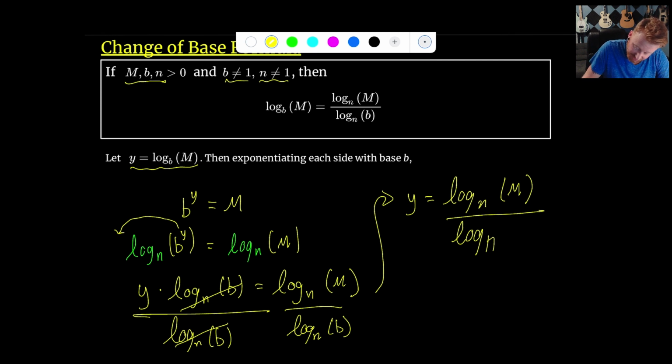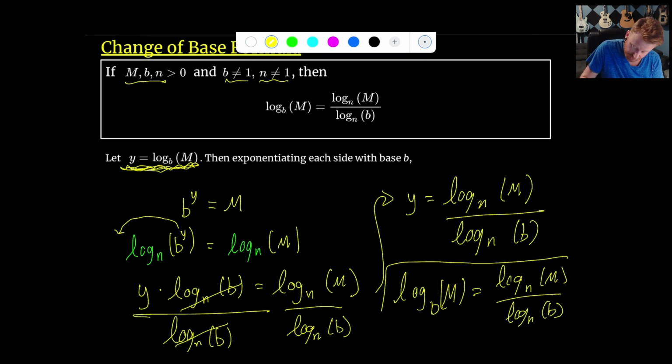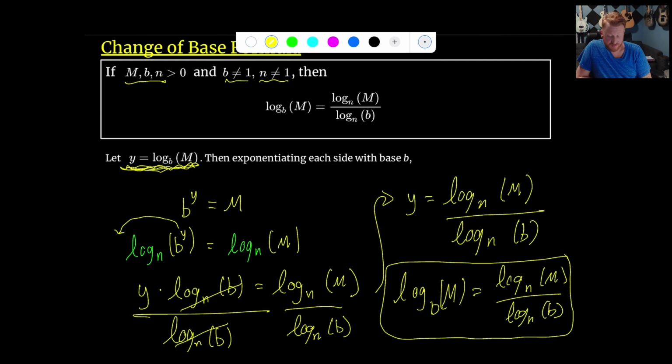I'll get it right here eventually. And remember that what we started off with was y equals log base b of m. So if we make that final substitution back in, log base b of m is equal to log base n of m over log base n of b. So kind of a little sloppy there at the end trying to squeeze it in. But there we go. We've got the change of base formula.